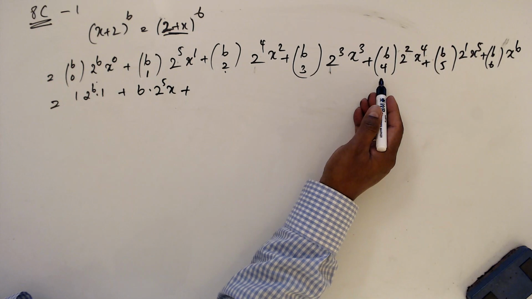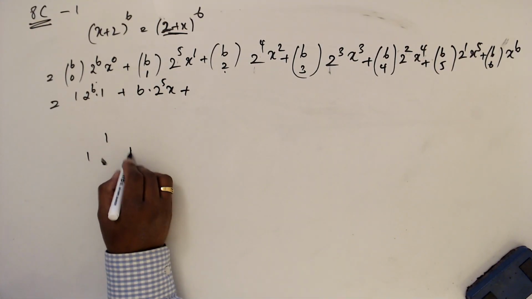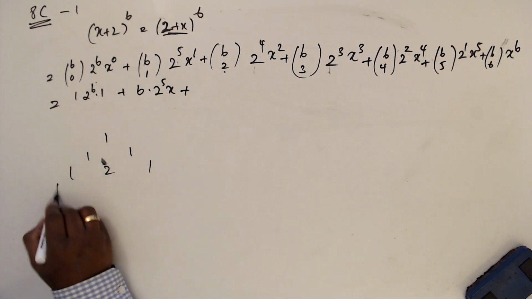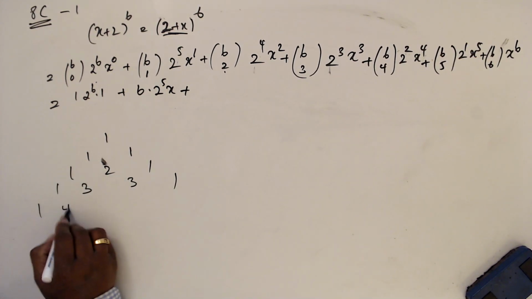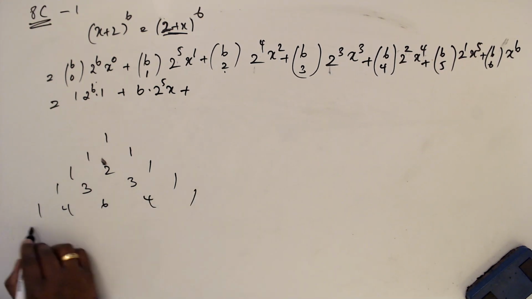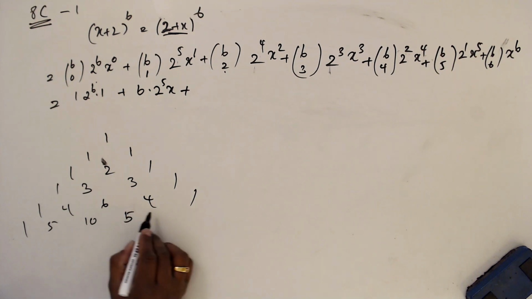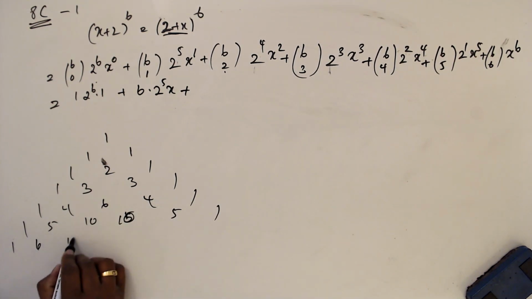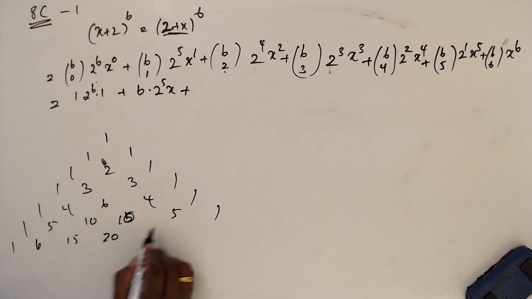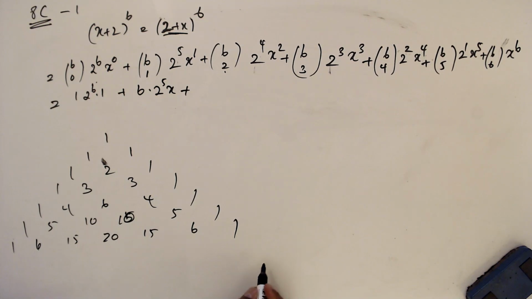Pascal's triangle: 1 1, 1 2 1, 1 3 3 1, 1 4 6 4 1, 1 5 10 10 5 1, 1 6 15 20 15 6 and 1.